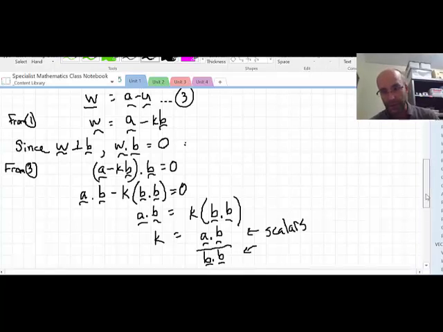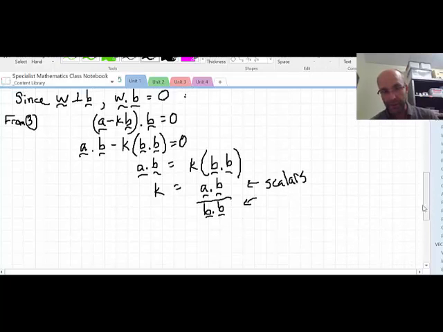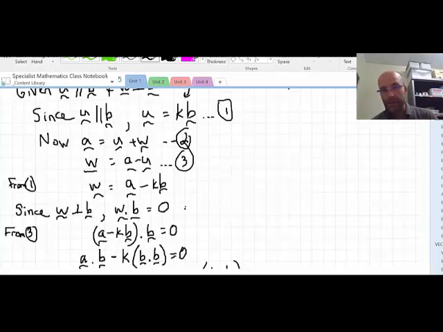While vector division is not defined, scalar division certainly is. The two dot products yield scalars, so it's fine to divide.